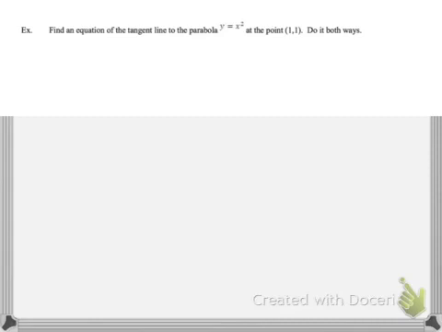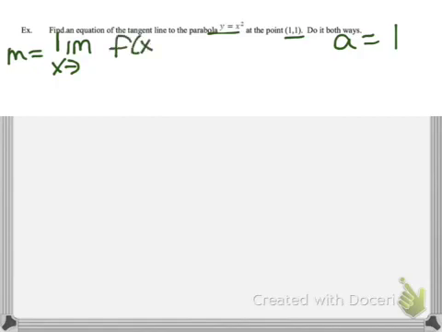So the first one is the parabola y equals x squared at the point 1, 1. So a is 1. The x value of the point of tangency is 1. Now the slope would be the limit as x approaches a, which is 1, of f of x minus f of a, which is 1, all over x minus a, which is 1.